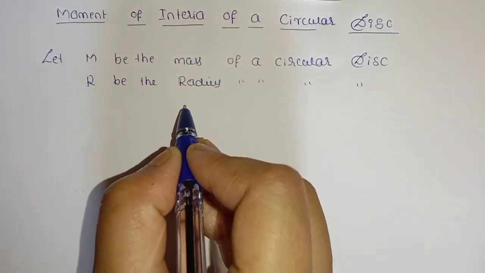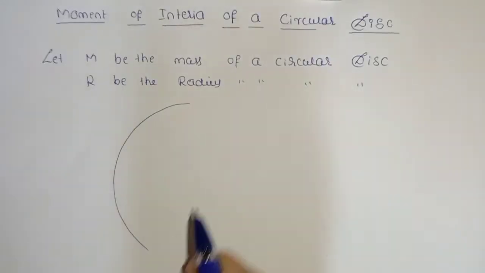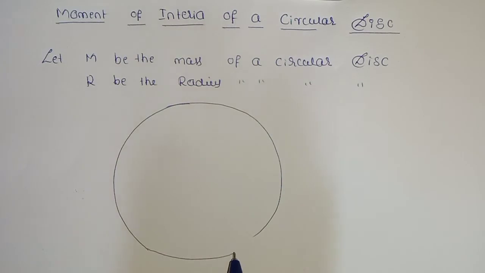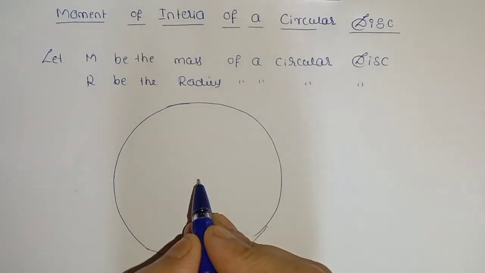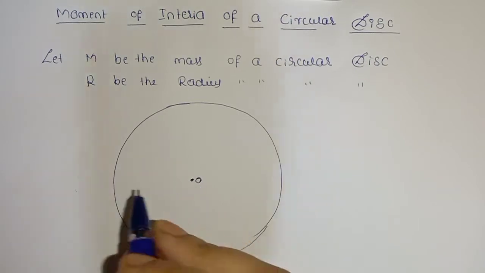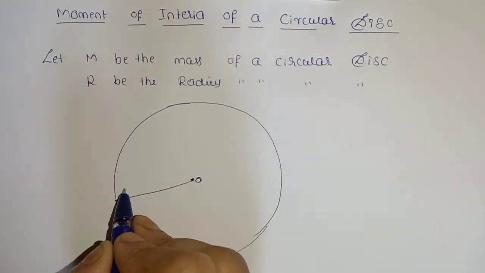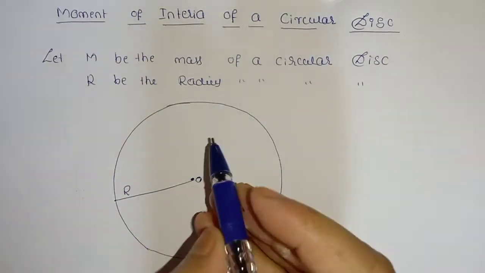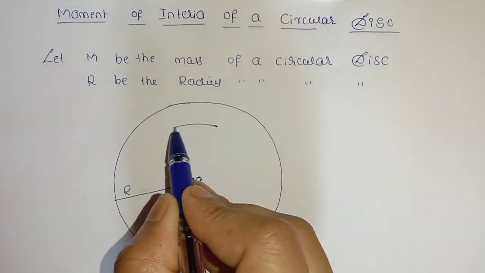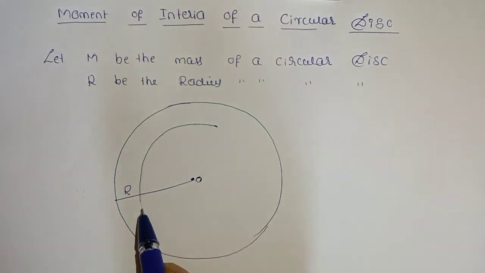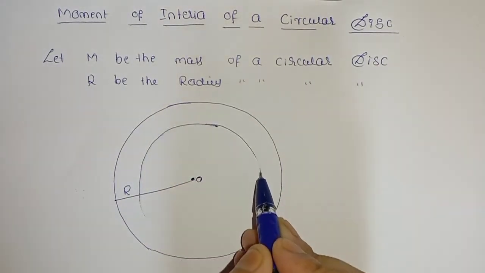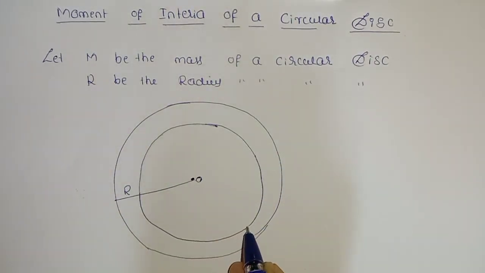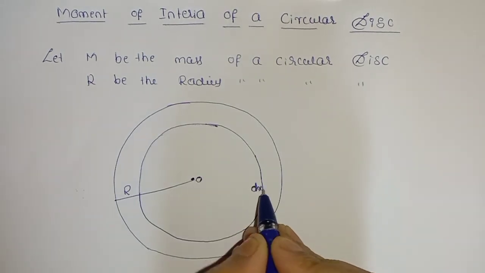Let us consider a circular disc. This is the center, and its radius is capital R. And let us consider a small element of the circular disc having a width dx.